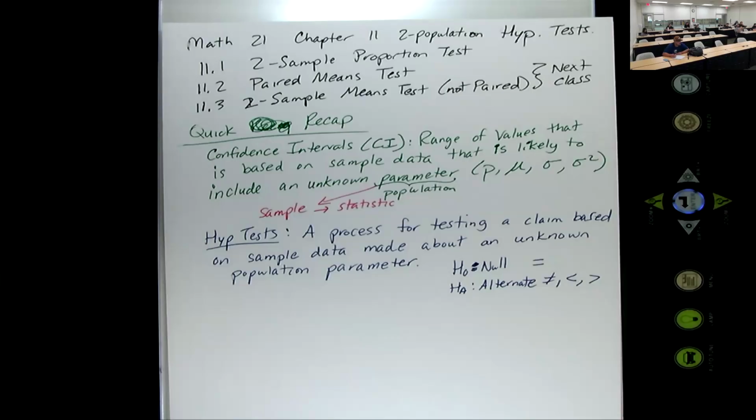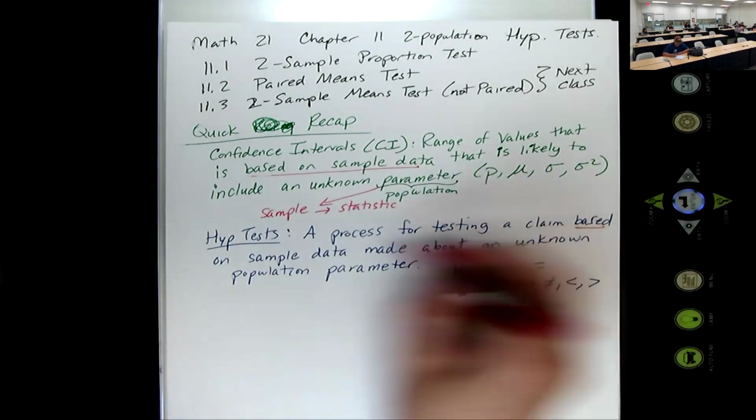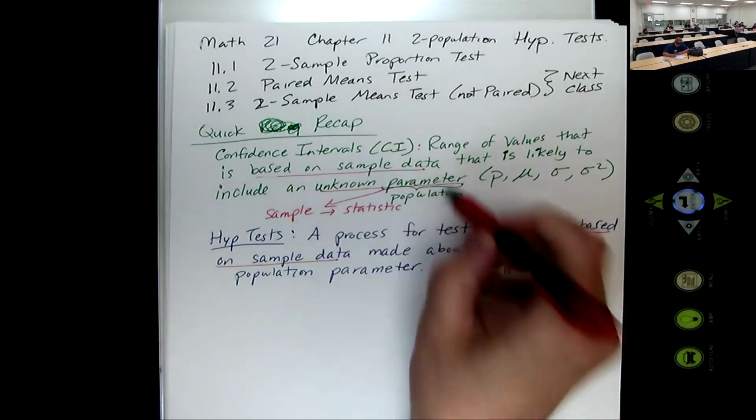Putting these two together, first off, notice they're both based on sample data, and they're both about an unknown parameter from the population.